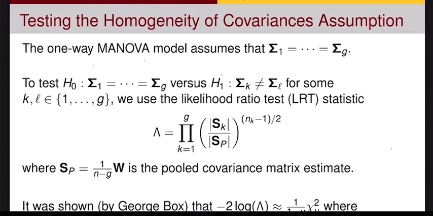Multivariate analysis of variance tests also rely on some assumptions, and these assumptions revolve around the error term. For instance, one of the assumptions for conducting multivariate analysis of variance is that the variances have to be equal.